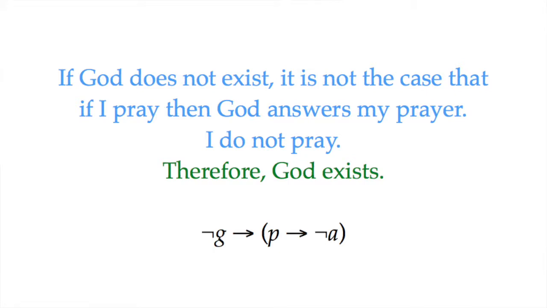So here on the screen, I have written down the correct way of symbolizing the first premise of this argument. All right, as I mentioned last time, in ordinary English, when someone denies a conditional, when someone says that a conditional is not true, what they usually mean is that if the antecedent is true, then the consequent is false, right?